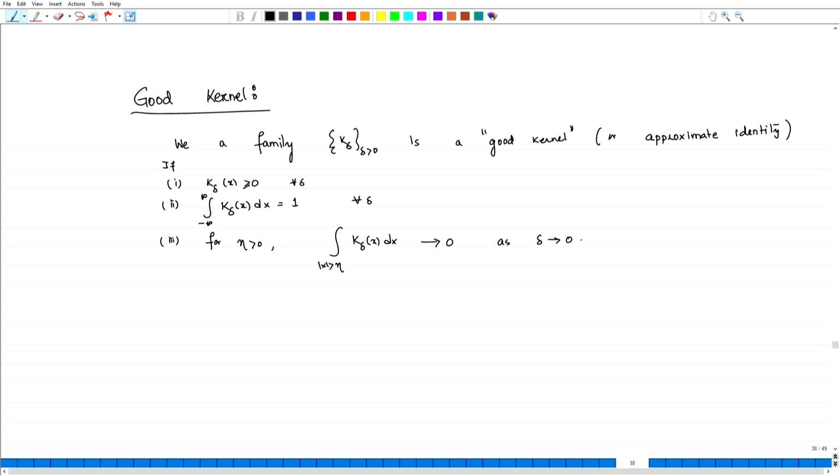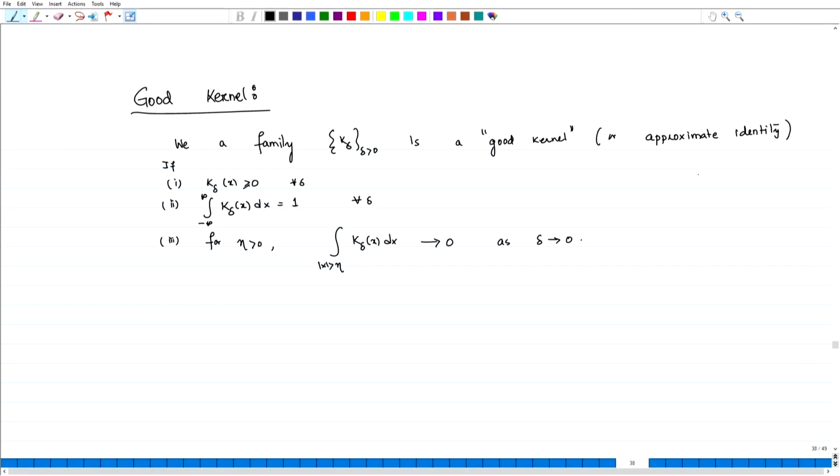So, this is what an approximate identity is.